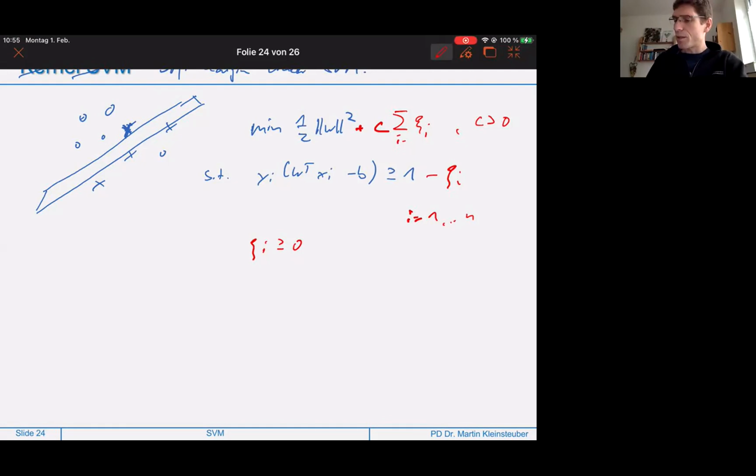And then we give this weighting factor c here and say that if c is large, that gives a lot of weight to our xi. We are really greedy, right? The big c says that we are greedy, and the smaller c says that we're not so greedy, we can allow for a larger margin. Okay, so that's the idea.